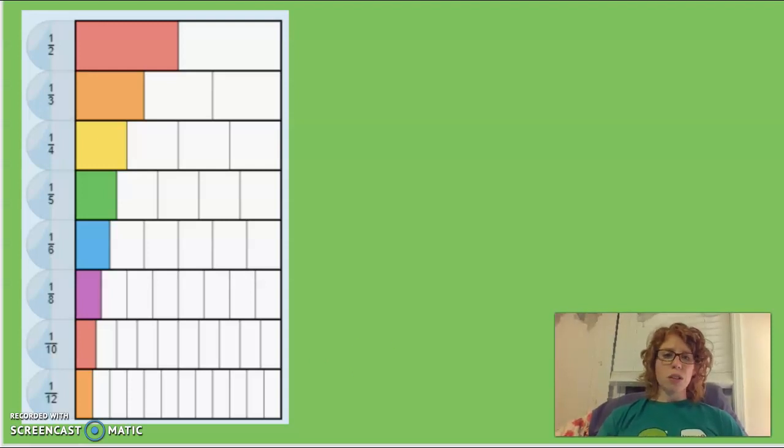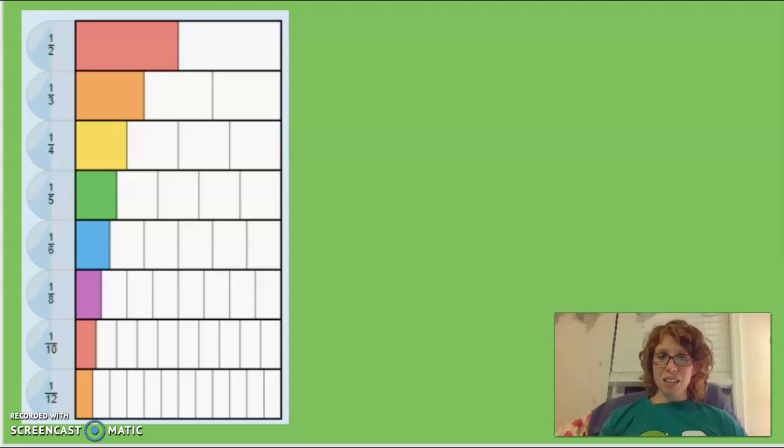Take just a moment to see what you notice about these fraction pieces. I notice that I can compare them by thinking about the denominator. It looks to me like the bigger the denominator, the smaller the pieces. That seems kind of weird because usually when we have big numbers, we think that's bigger.